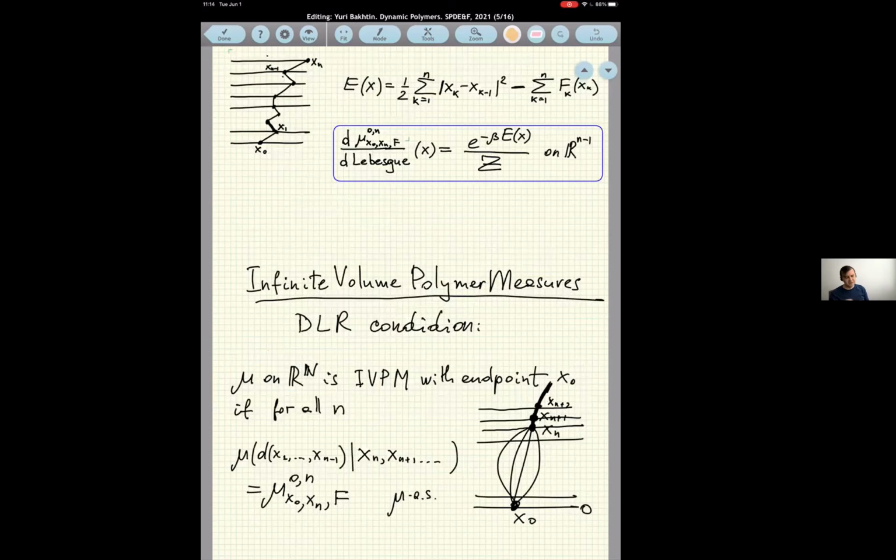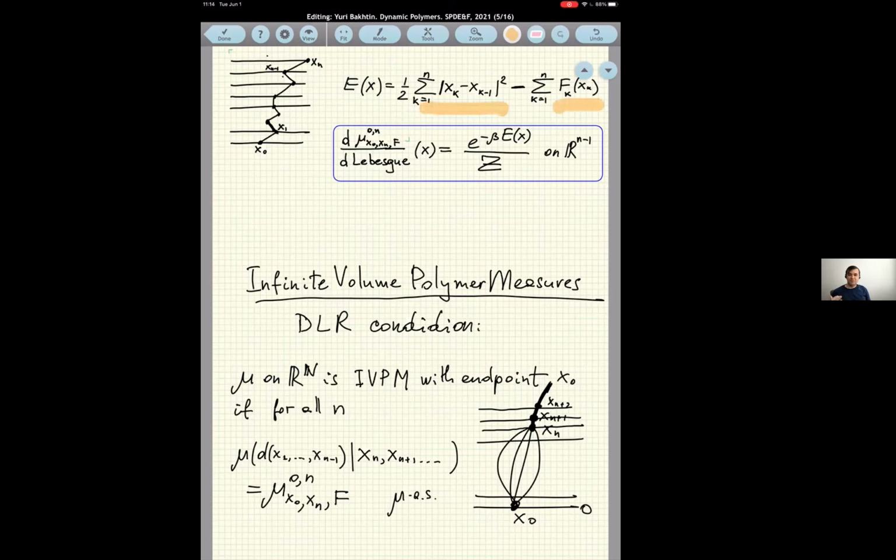The top part of this slide is just the same thing that you saw on the previous page. But in principle, there is a difficulty in defining infinite volume Gibbs measures because the energy is infinite. If you consider an infinite volume path, then you'll have infinitely many terms there.